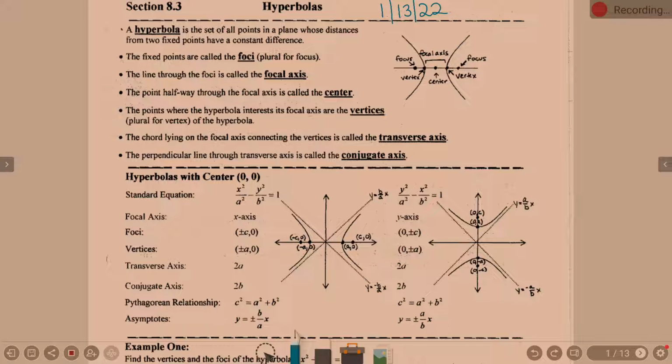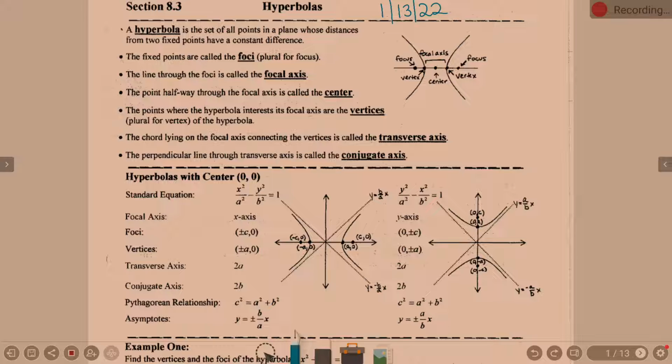Okay, and so hyperbola, if you look at this definition, should sound somewhat familiar. It's a set of all points in a plane whose distances from two fixed points have a constant difference. If you go back and compare that to the ellipse definition, the only word that was different was a constant sum.